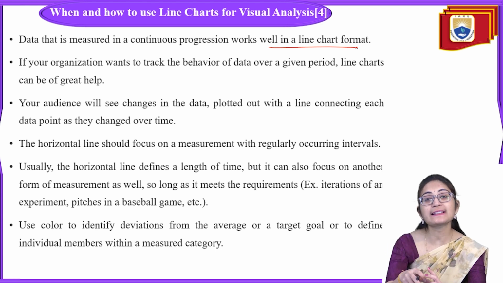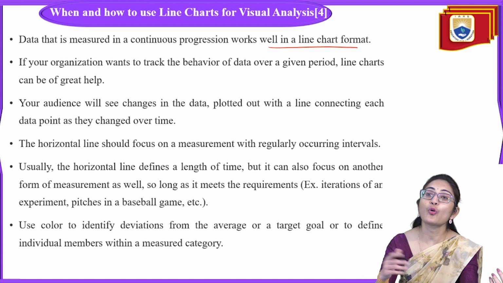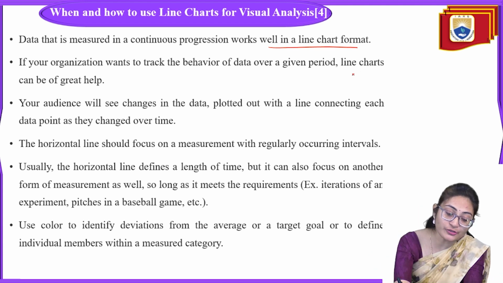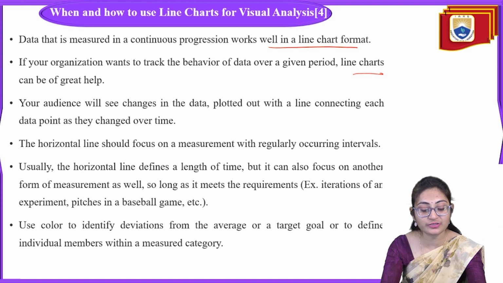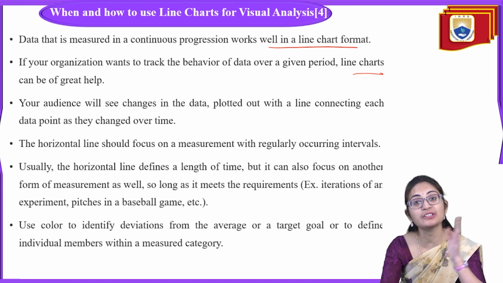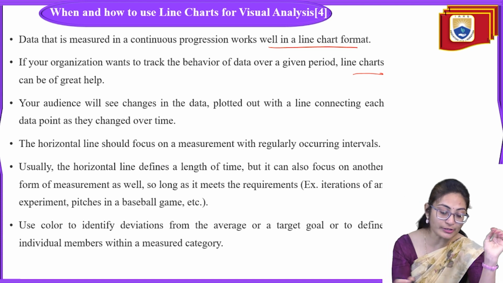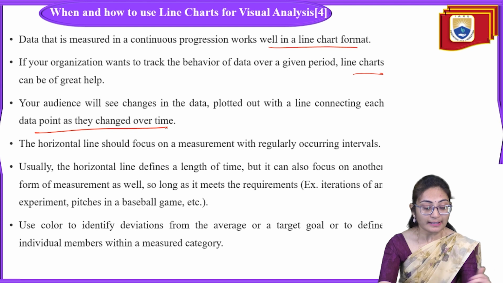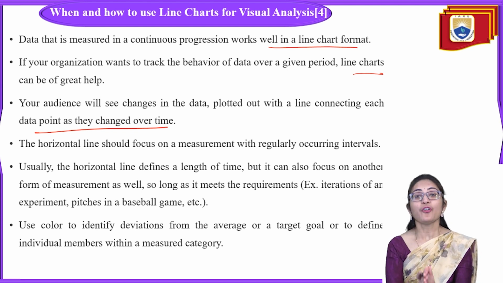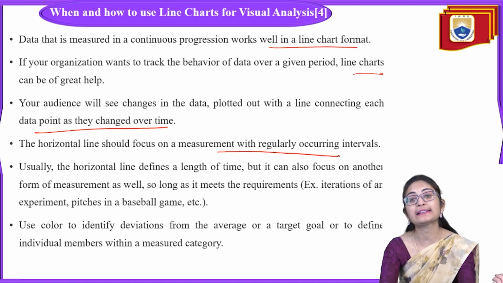If your organization wants to track the behavior of the data over a given period, then a line chart is very useful. Your audience will see changes in your data plotted out with a line connecting each data point as they changed over time. The horizontal line should focus on measurement with regularly occurring intervals.